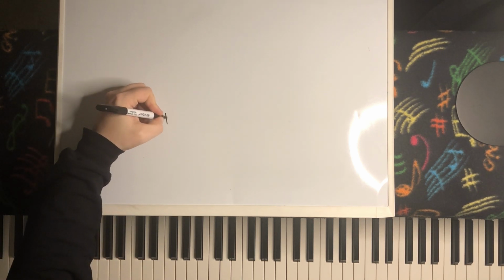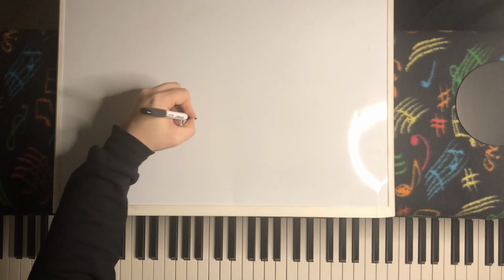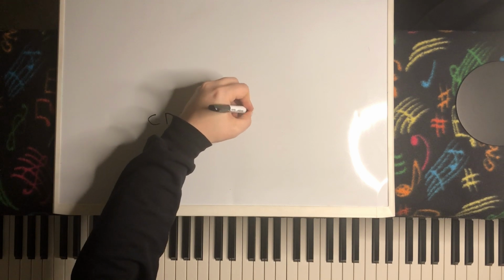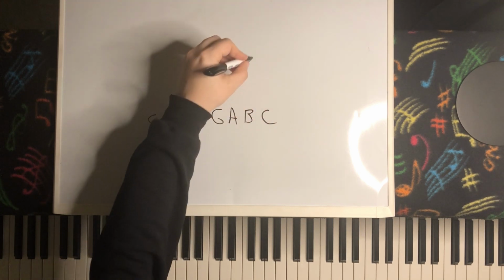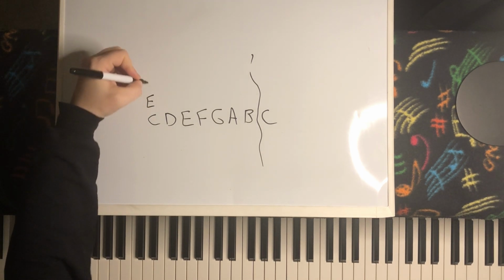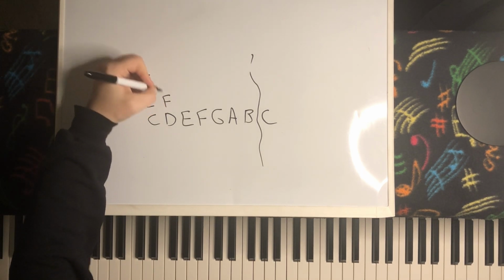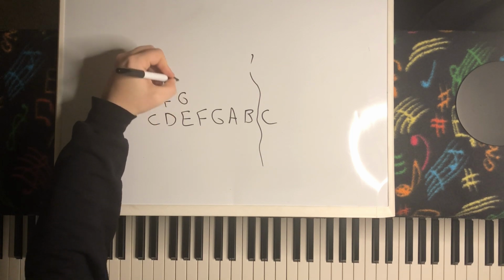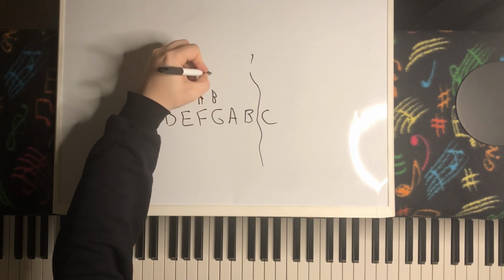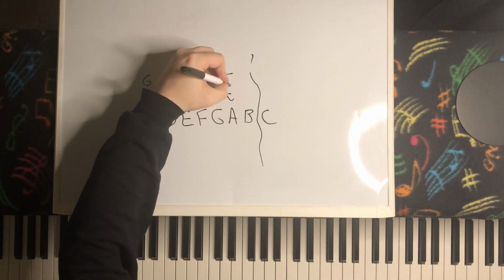So say I have a C scale. And of course, this works in other keys. We just do it in C when we're teaching it to make it a little easier to tell what's going on. Well, I could build a chord off of each one of these notes. And then I could give each one of these chords a number. So let me go ahead and fill that in real quick.